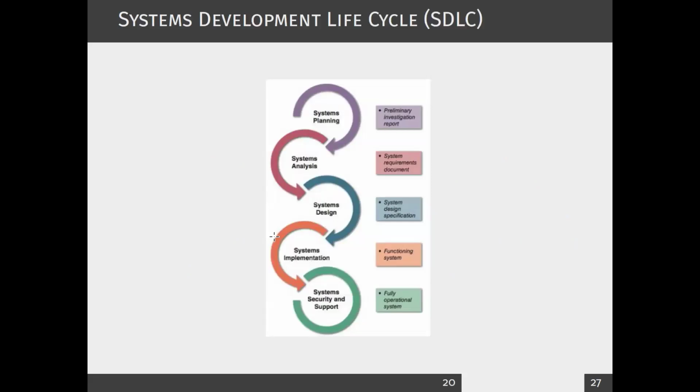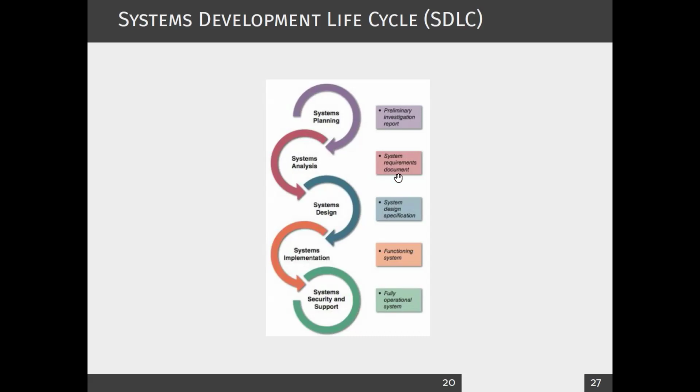So in structured analysis, especially the system development life cycle, it looks like this. There are 5 different stages: planning, analysis, design, implementation, and system support and security. Each of these 5 stages, once you work, should produce an outcome, which is kind of a report. In the first phase, there's a preliminary investigation.